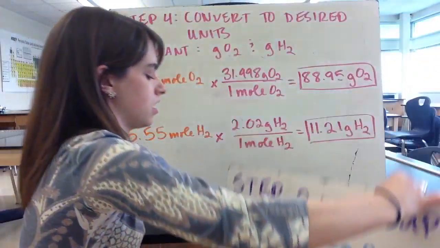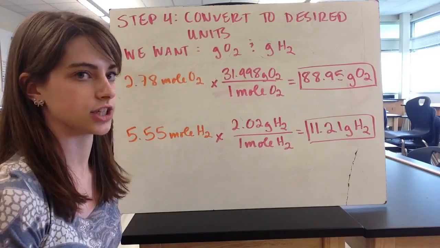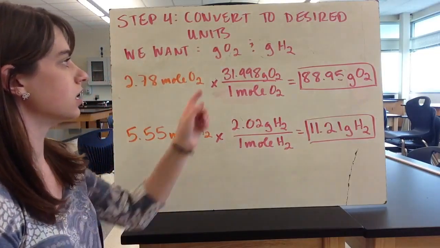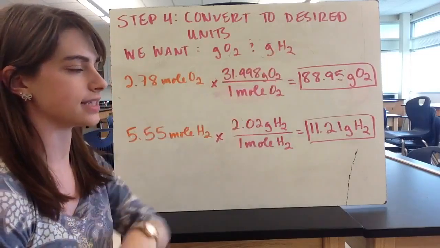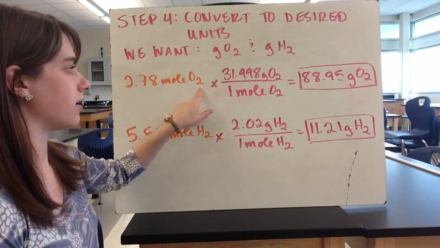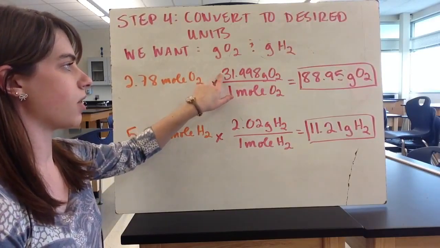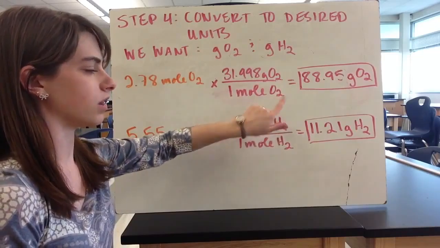And finally, our question didn't ask for moles of hydrogen gas and moles of oxygen gas. It asked for grams. So we want grams of O2 and grams of H2, because remember they're diatomics. So we calculated that we had 27.78 moles of oxygen gas. There are 31.998 grams of oxygen to 1 mole of oxygen gas.